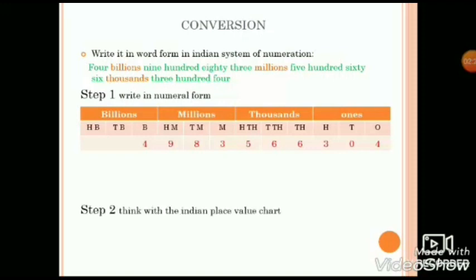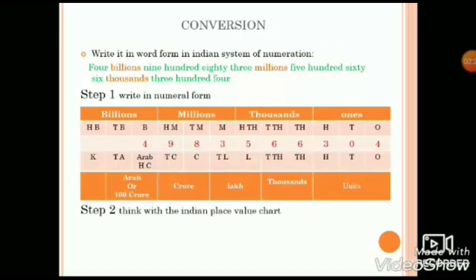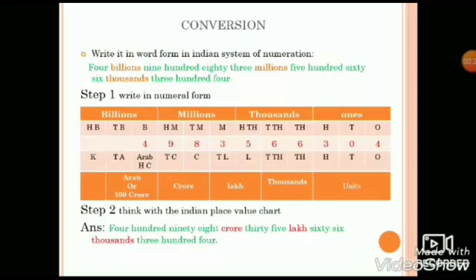Now step 2 is to think with the Indian place value chart. So we will allocate the Indian place value chart, the periods in the Indian system of numeration, within the number.